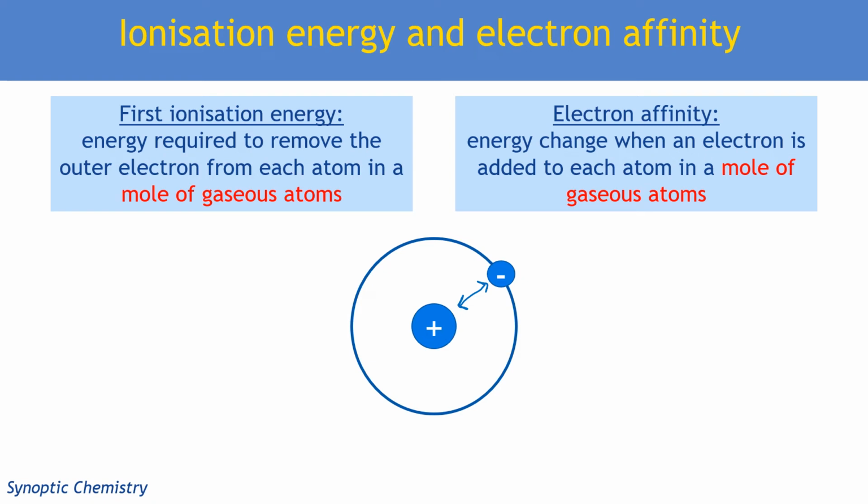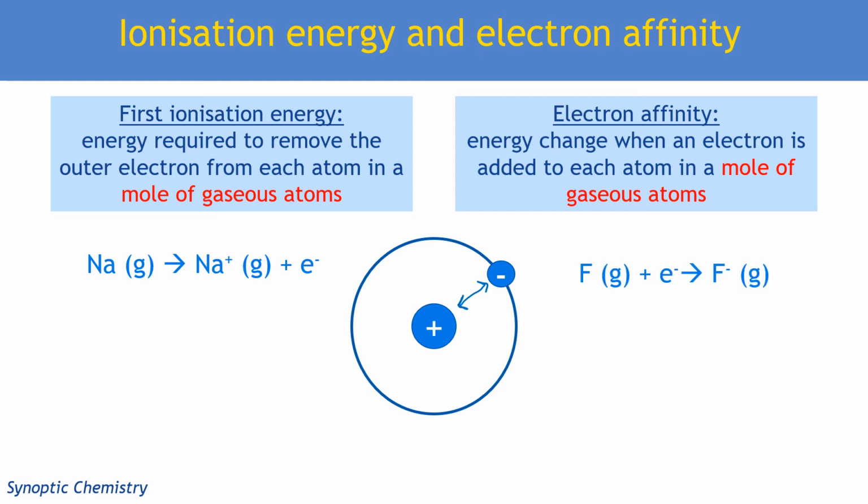Also, because we're talking about these individual processes rather than an overall chemical reaction, everything is happening in a gas state. So for first ionization energy, I need to have my sodium atoms as a gas before I can remove electrons from them, because as a solid, the electrons are all delocalized. They're not going to be removed.